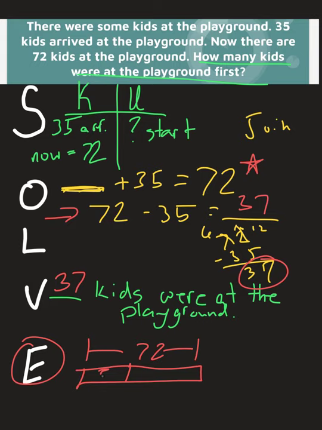I don't know how many there are, but there were 35 that came. So if we use that part whole model, that'll help us extend the problem to solve it in a different way. We could draw it out. We could use counters, things like that. So I just wanted to go over briefly what we could use that extend section for.